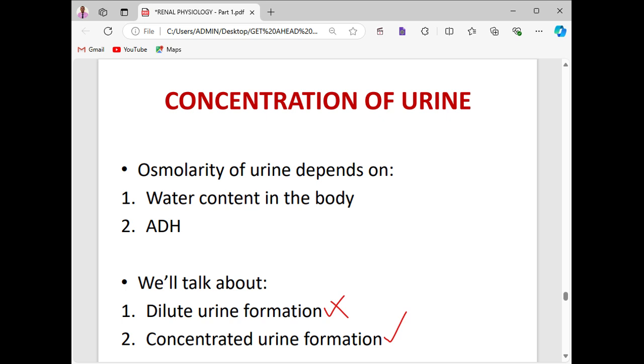So when there is a lot of water in the body, the kidney will excrete a high volume of urine with less concentration, because ADH has been inhibited and it won't bring about the absorption of water.